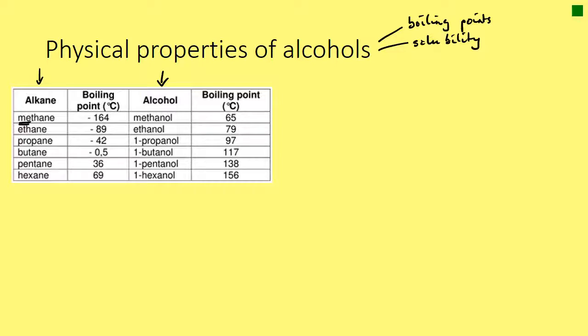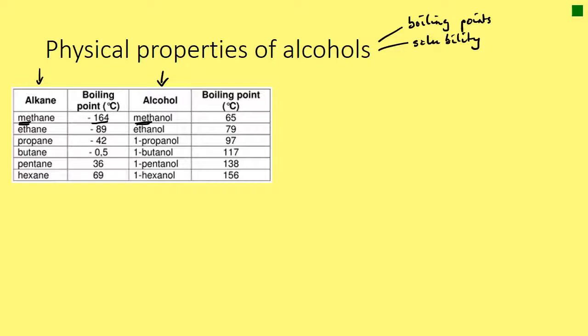So you can see that methane can be compared to methanol. So we've got 1 carbon, but in the alkane, the boiling point is much, much lower. It's minus 164 Celsius, whereas the methanol is 65, much higher.